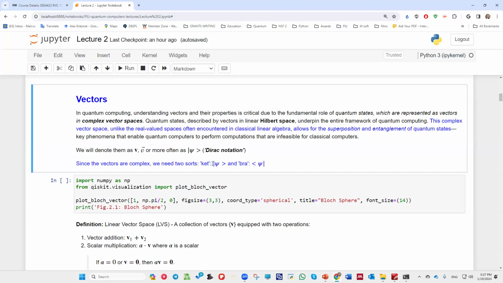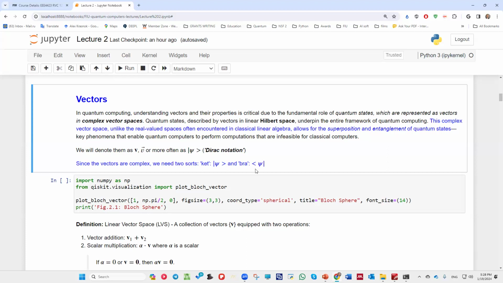Okay, so we're going to deal with vectors. Vectors represent a state of a quantum system, and since the space in which the vectors exist is complex, we need vectors of two sorts. We call them bra vectors and ket vectors, after Dirac, who is a famous physicist.